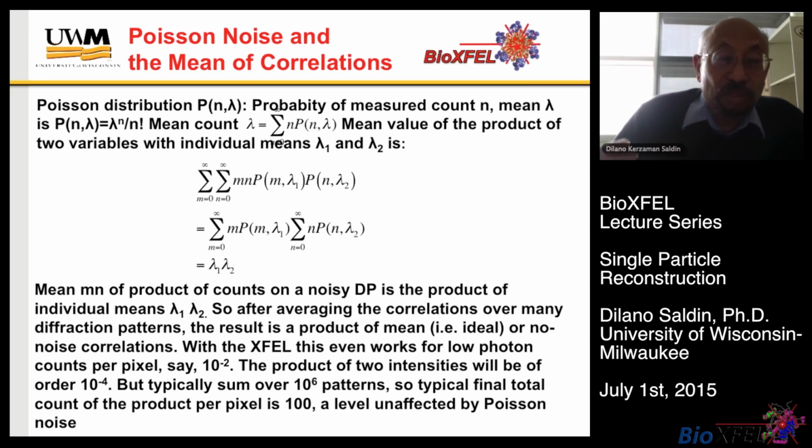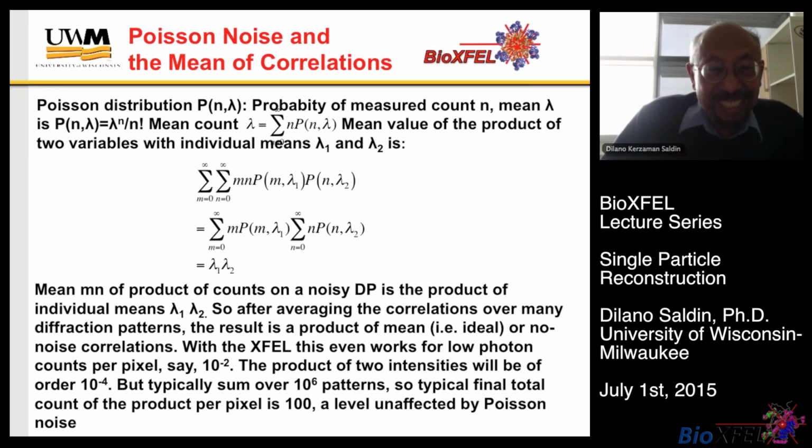So if you have 2 counts, m and n, on two different pixels, we want to take the product of m with the P of m corresponding to some mean value lambda 1, and n with the P of n corresponding to the mean value lambda 2.